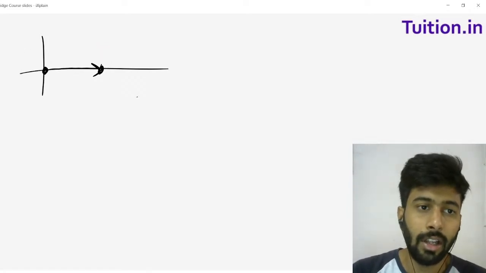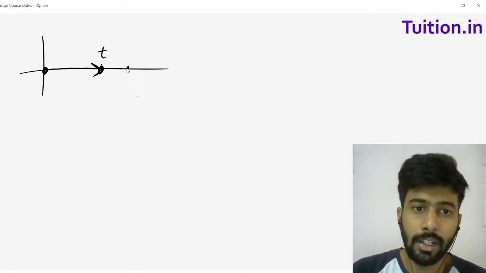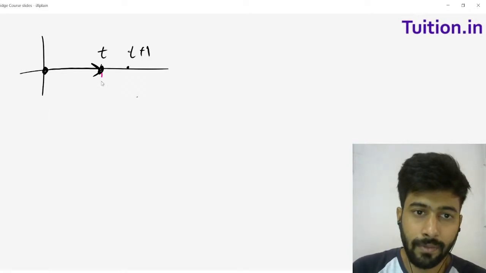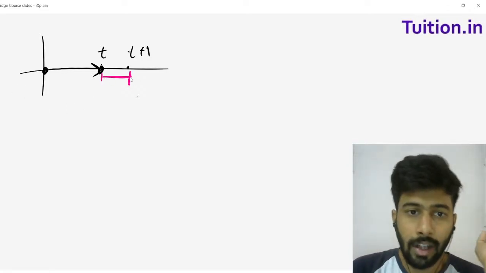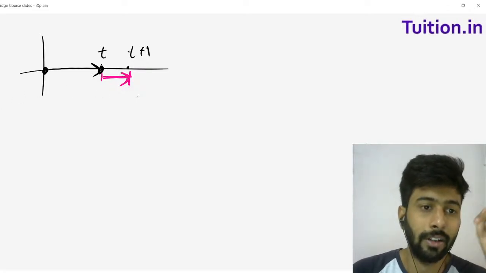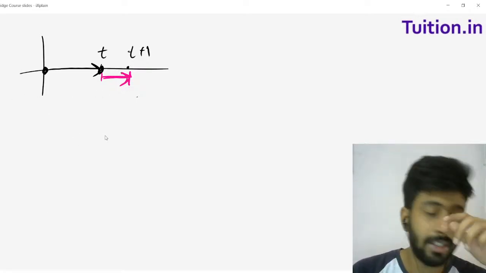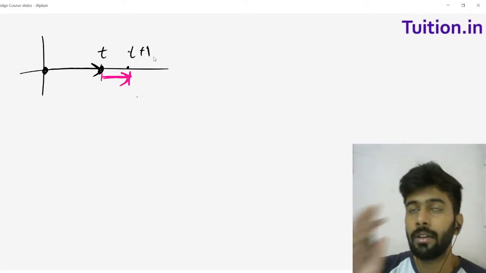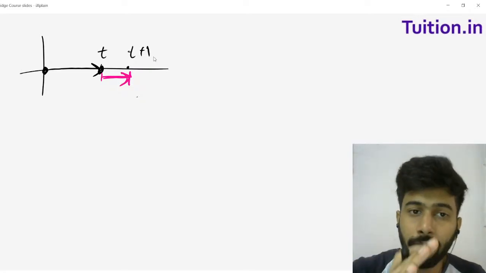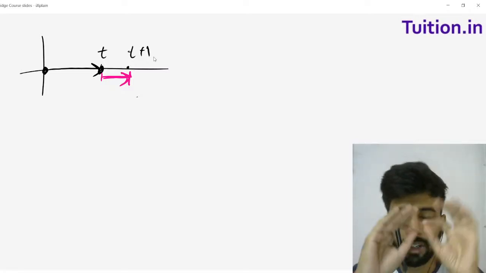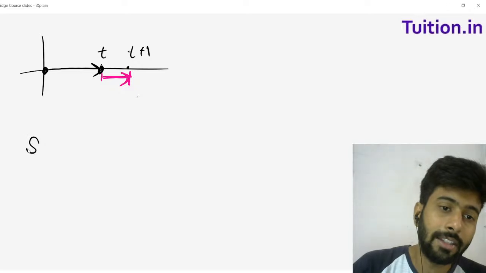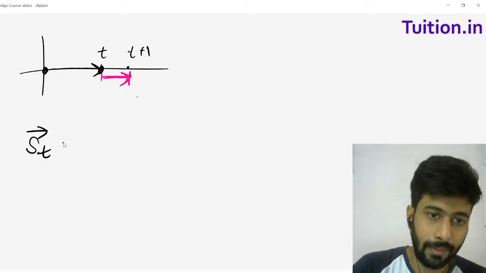It was here, and in the tth second, so from t to t plus 1, let's say the object moved this much. Okay, then how do I get this vector, this pink vector? What does pink vector represent? It represents the displacement in the tth second, which means from time t to t plus 1, how much did it move? That is represented using s_t bar.